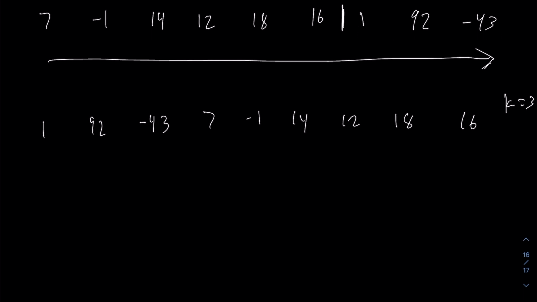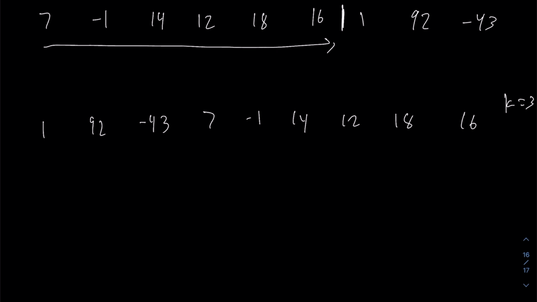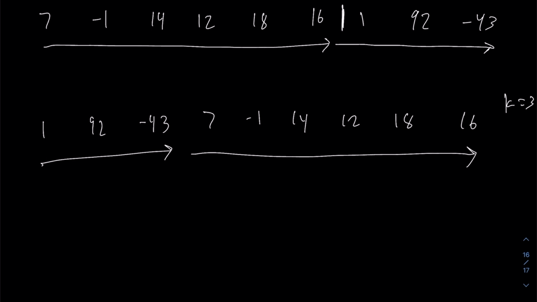So ultimately, we start out with this big array, but then we want to make a cut right here and transform our array into this structure. In other words, we took this and moved it to this part, and we took this and moved it to the back. So how might we be able to do that?